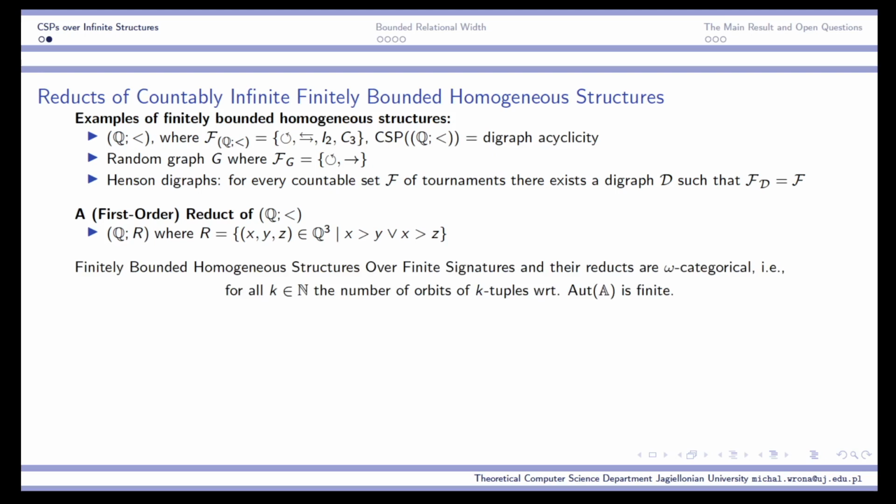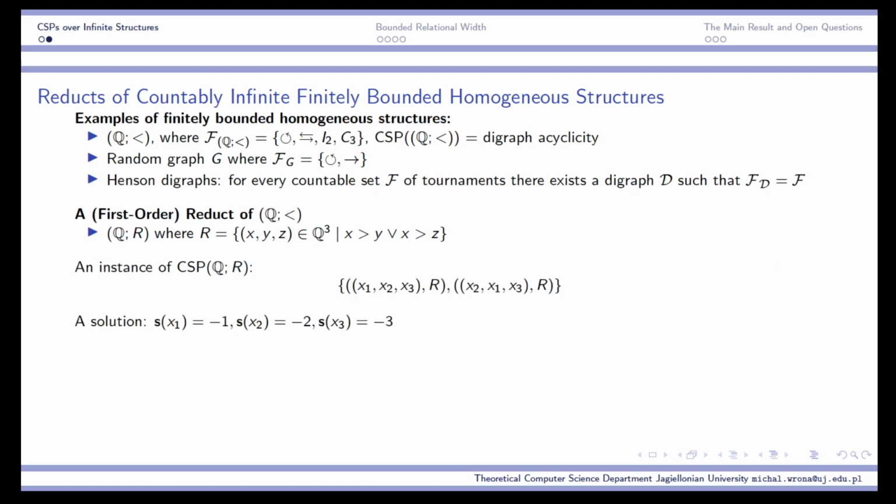And all these finitely bounded homogeneous structures over finite signatures are omega-categorical, which means that although the relations have infinitely many tuples, there are always finitely many orbits of tuples with respect to the automorphism group.